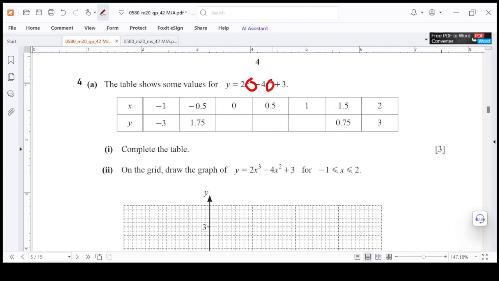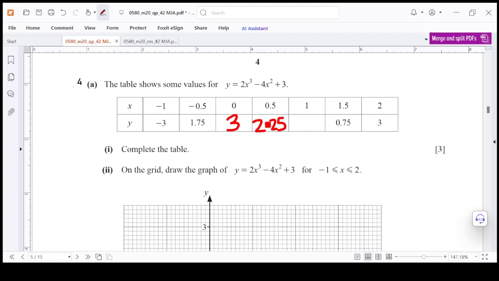When you substitute 0, these values become 0 and it's just 3. Now substitute 0.5. So 2 times (0.5) cubed minus 4 times (0.5) squared plus 3. It's giving me 2.25.